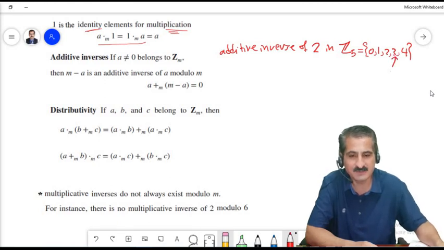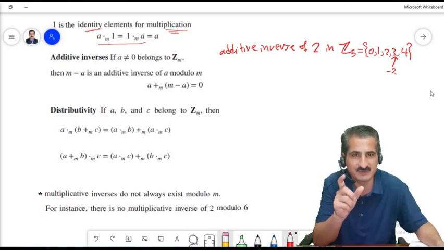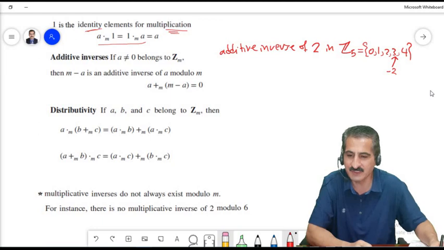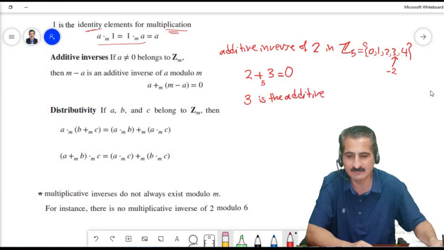This one is congruent to negative 2 modulo 5, because the difference between them is 5. So as we noticed a little ago, 3 plus 2 modulo 5 is 0. So 3 is the additive inverse of 2 in Z5.